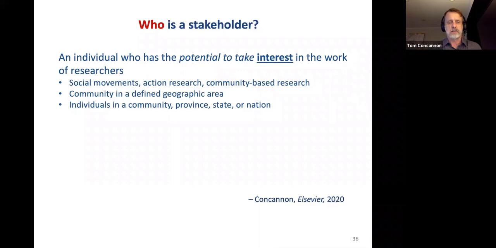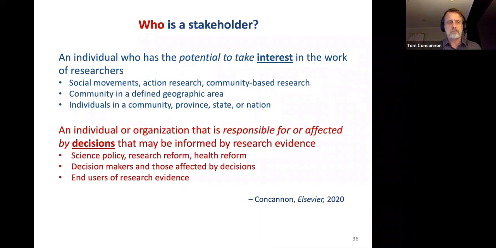defined again geographically. A new and emerging kind of notion about who stakeholders are is a definition where we say that a stakeholder is an individual or organization that is responsible for or affected by decisions that may be informed by research evidence. This is absolutely critical. The turn here is that we're moving away from just mere interest to those who make decisions that we're trying to help inform. So our product is research evidence.